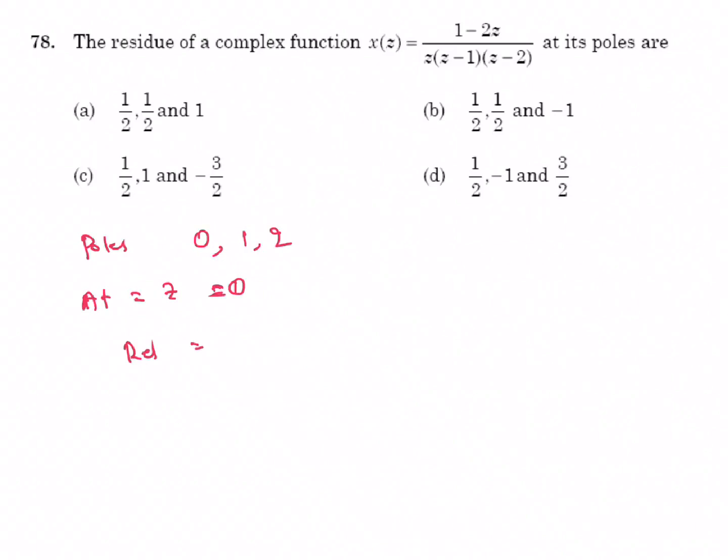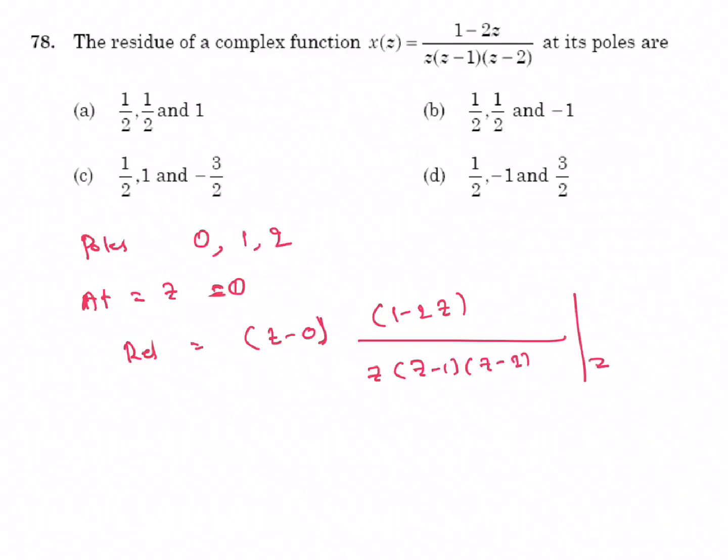Residue is z minus 0 times F of z, which is 1 minus 2z by ..., at z equal to 0. You will get 1 by minus 2 minus 1, you will get 2. So 1 by 2 for z equal to 0.